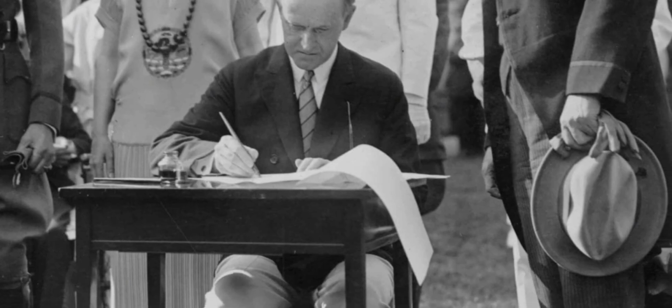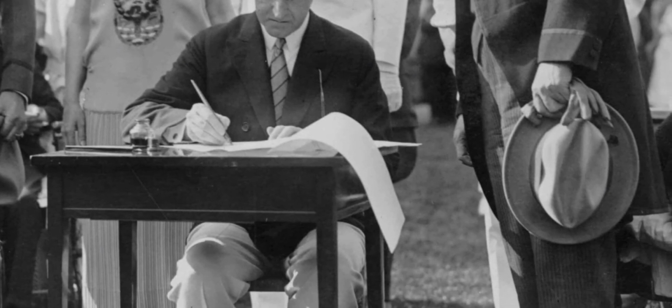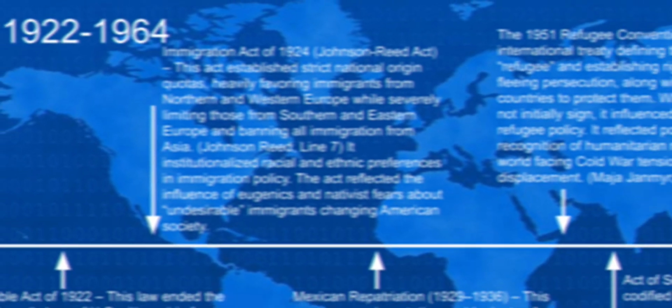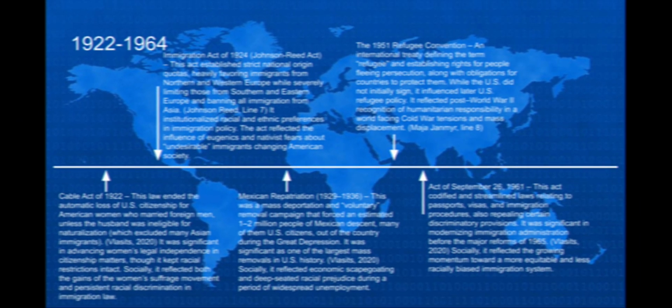I chose it because it reflects the influence of eugenics and nativist fears about undesirable immigrants changing American society. So I thought that one was really important for this, and as I said before, it just reflected the fears about undesirable immigrants and how they could change American society.